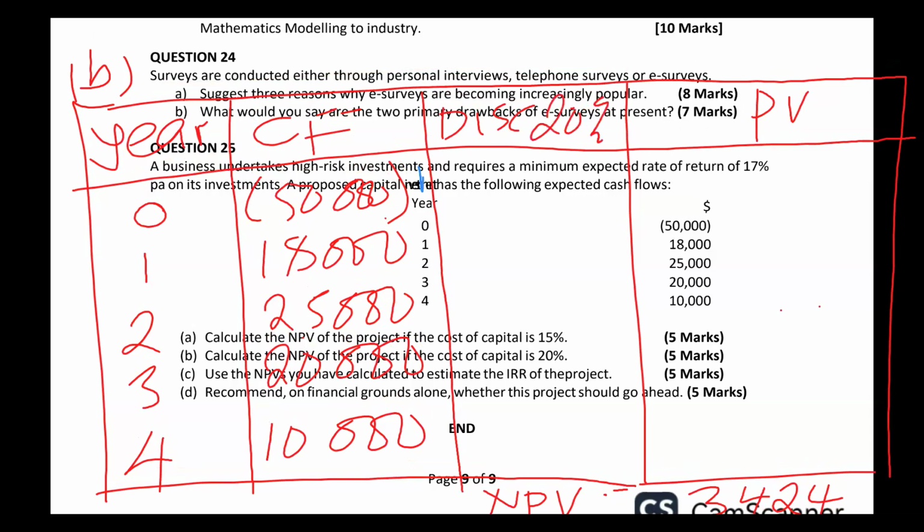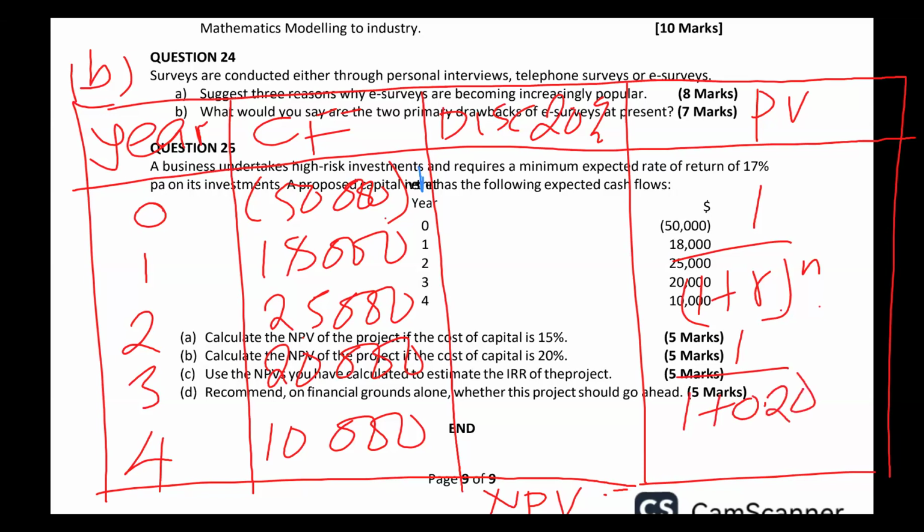The thing is that you change the discount rate, right? It will be 1 divided by 1 plus R to the power n. Same formula. Now the R is 20%, which will give you 1 divided by 1 plus 0.20.